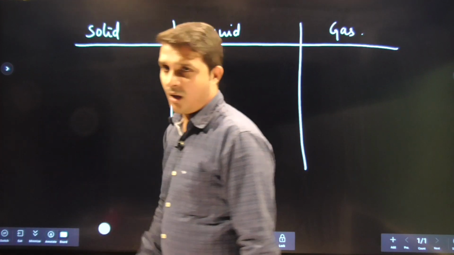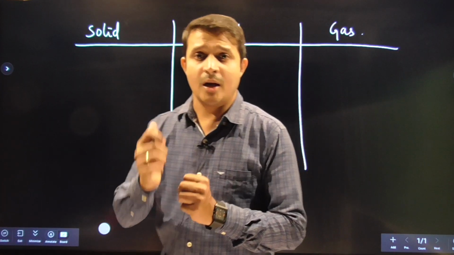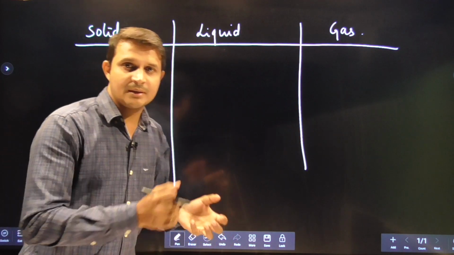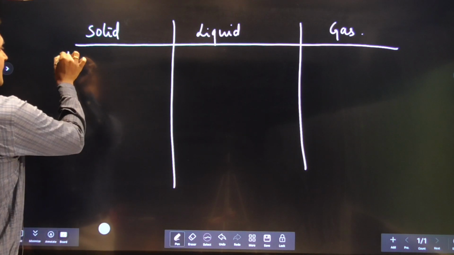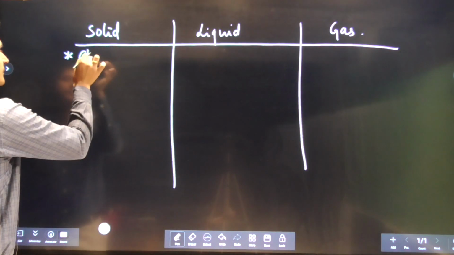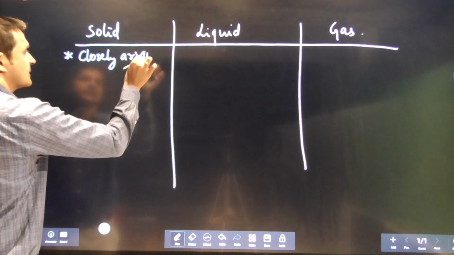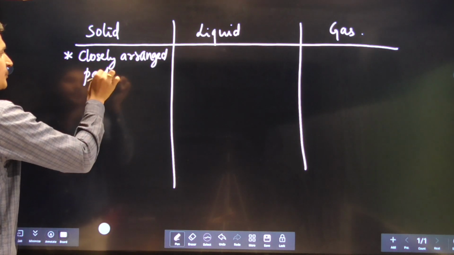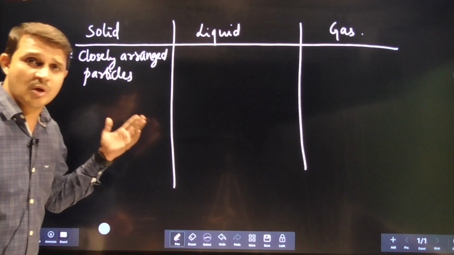Solid is one type of state of matter. Matter in the solid state is made up of smaller particles, which are closely arranged. These particles are atoms or molecules.